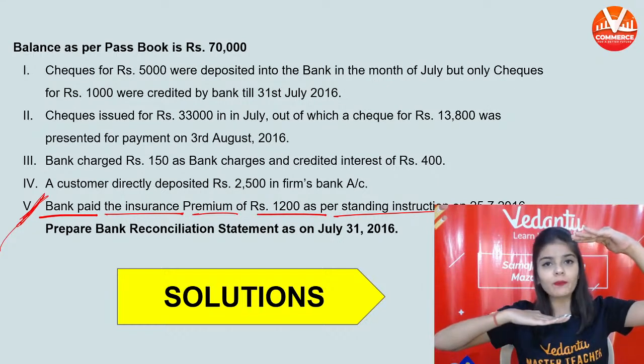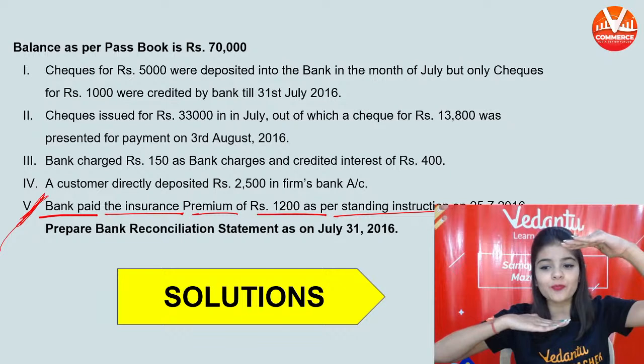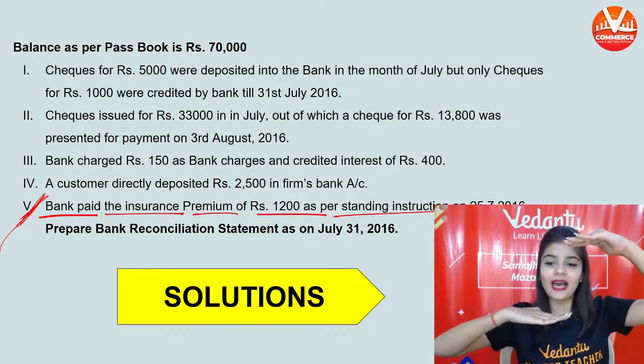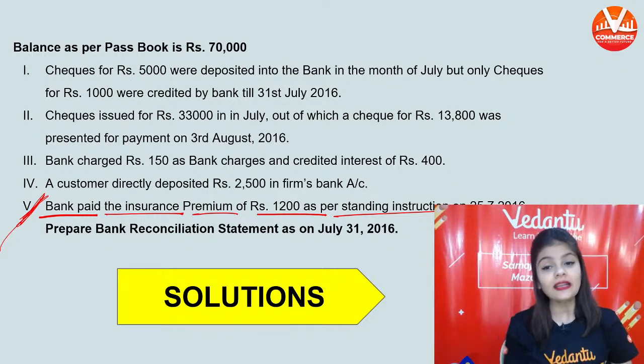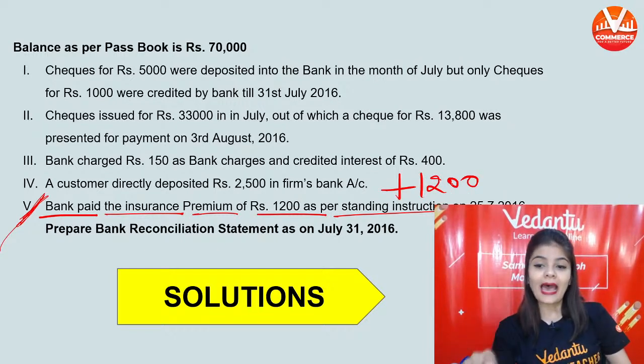What you will do in passbook? क्या करोगे passbook में? Yes, Monica, Aditi, Himani and Vijayan, it will be added. क्या कर देंगे? Add कर देंगे 1200. We will add 1200 in the passbook.